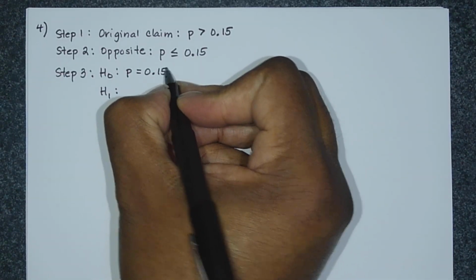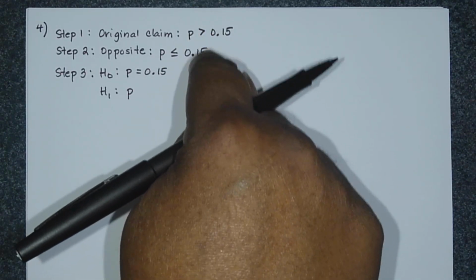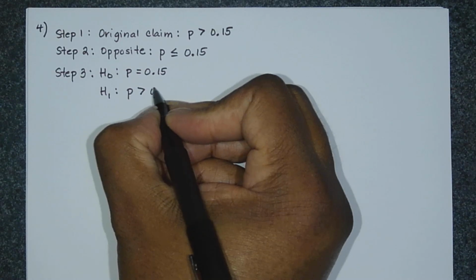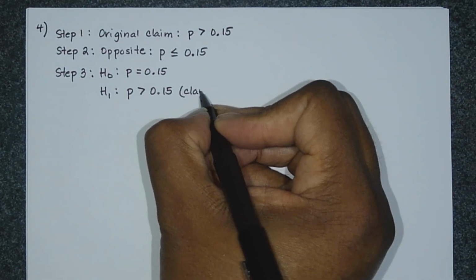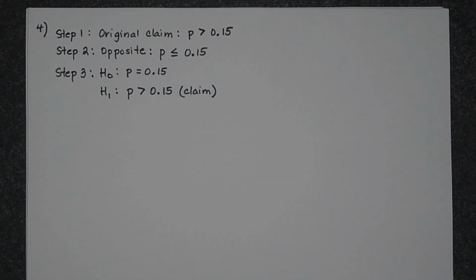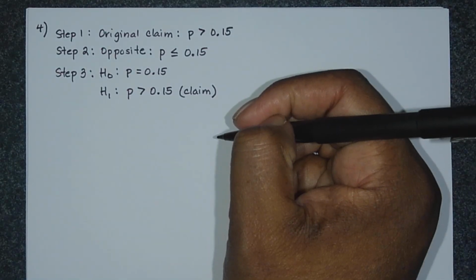But which is the alternative? Which one of these two? Greater than. Again, you have to get that right too. And your alternative hypothesis is the claim, because it's going to be one of these two.